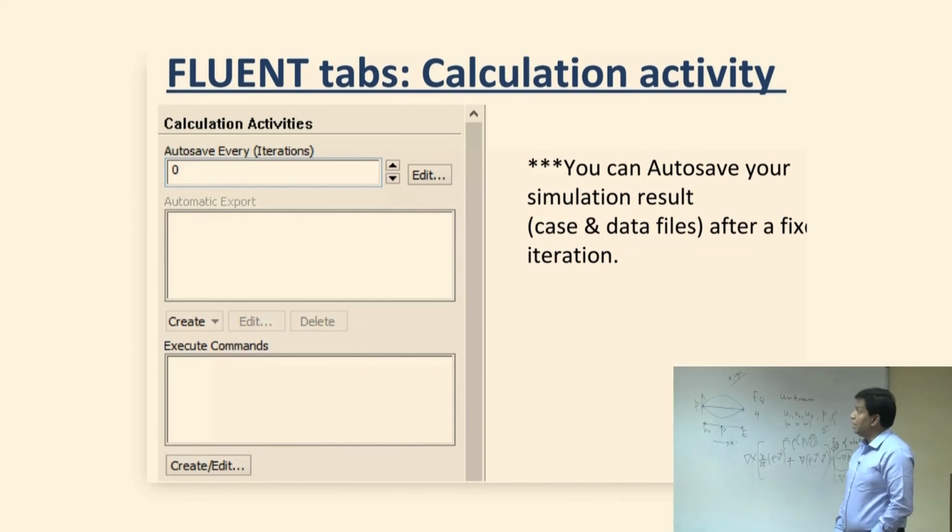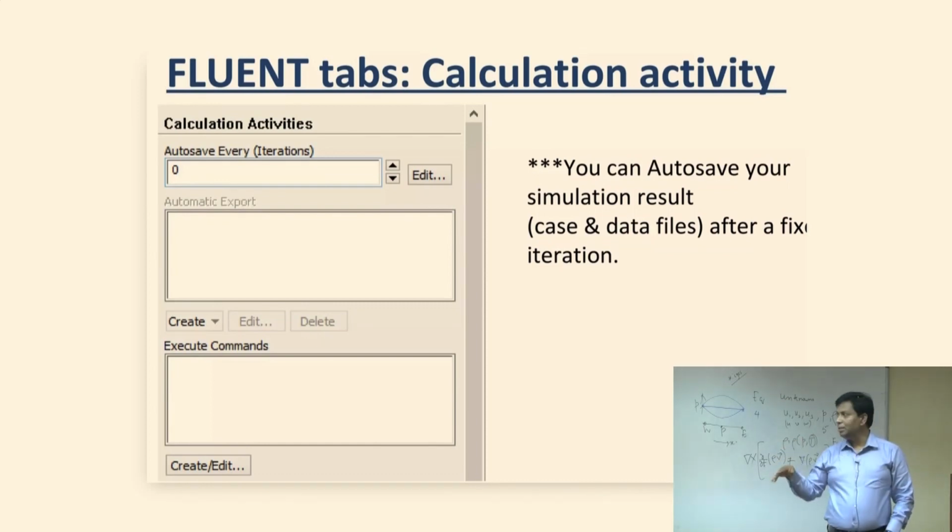In calculation activity, if you want to make an animation at the end, you have to modify how you want to save the data. If it is a time dependent problem, then maybe after every 10, 50 or 100 time steps you want to save your data, and at the end you can create the animation. You can see how the fluid is flowing.